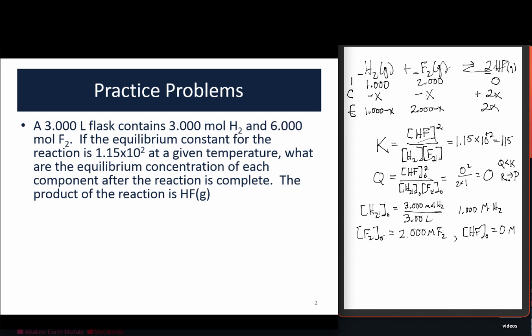Now we can plug these values into our expression for K. So K, which is equal to 115, is equal to 2x squared divided by 1 minus x times 2 minus x.